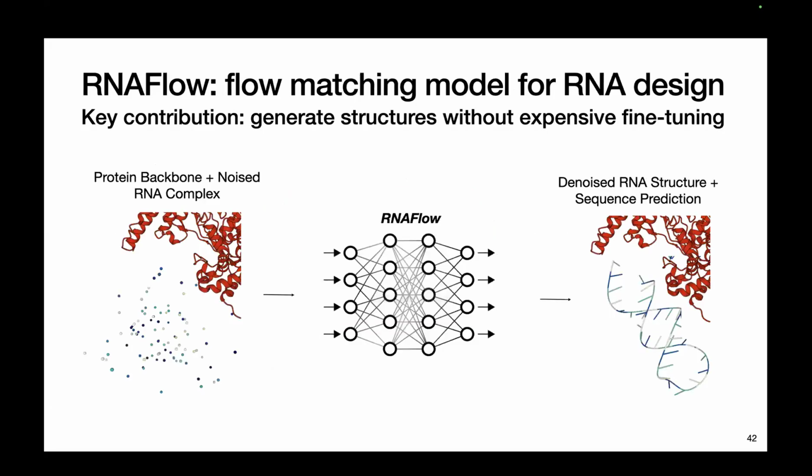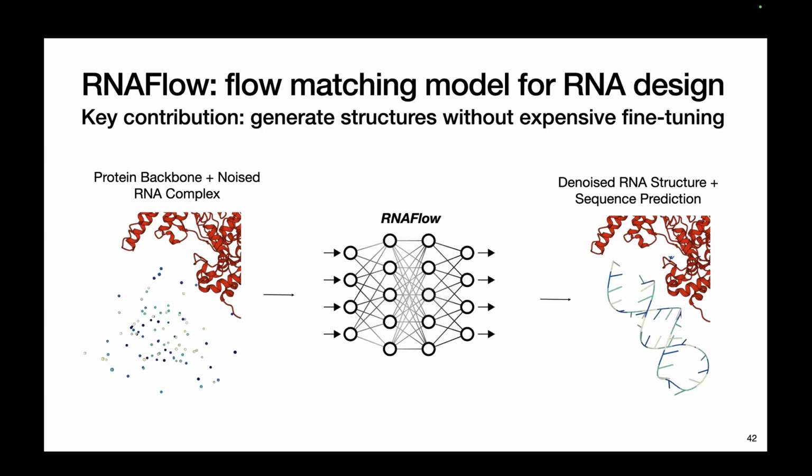This is how we came to develop the idea of RNAFlow, which uses a flow matching model for RNA design. The key contribution here is that we want to generate structures without expensive fine-tuning of these expensive protein folding models. This is the key twist of RNAFlow. The basic idea is that we want to design RNAs that bind to proteins, which is important for RNA aptamers.